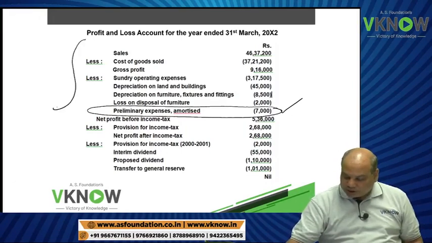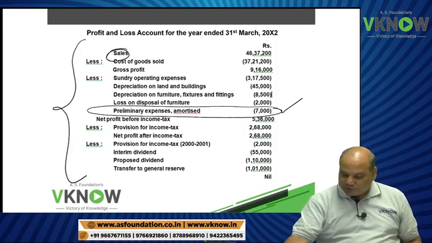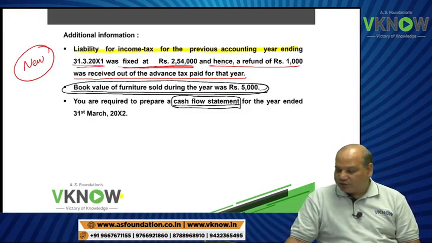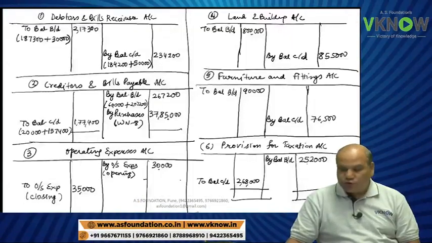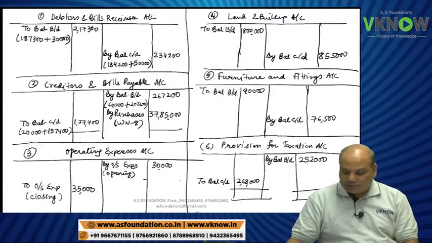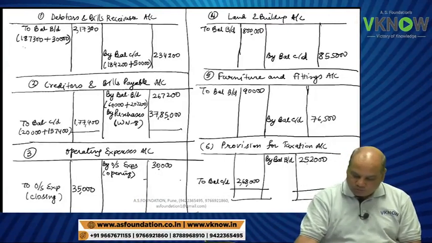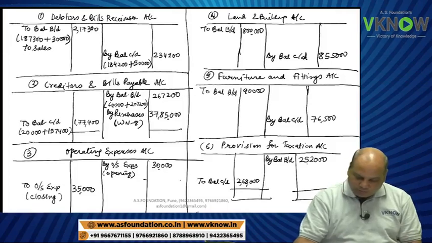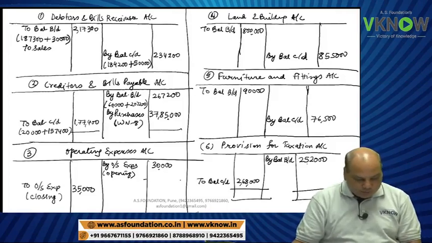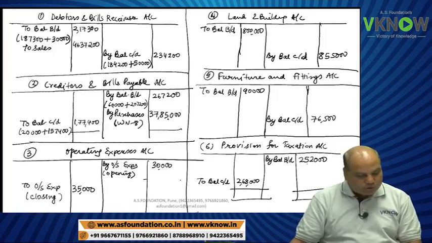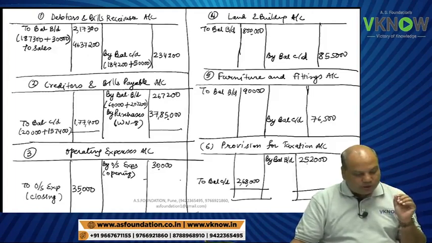Now we'll complete P&L account. Sales. Assume all sales are credit sale. If nothing is given, assume all sales are credit sale. Working note 1, debtors, 2, sales: 46 lakh 37,200. Cost of goods sold we have used. Gross profit not required.